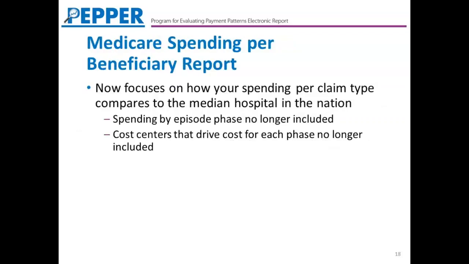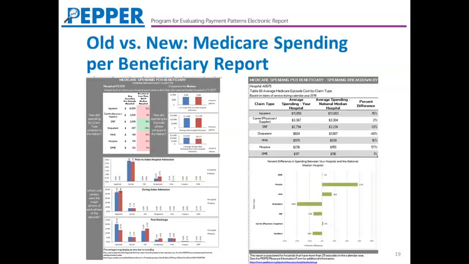And then the last report that has been updated is the Medicare spending per beneficiary report. Here we are now focusing on how your spending per claim type compares to the median hospital in the nation. This report required the greatest changes for the new 508 compliant version. Because we needed to increase the font size so much, we had to pare down the information that was presented.